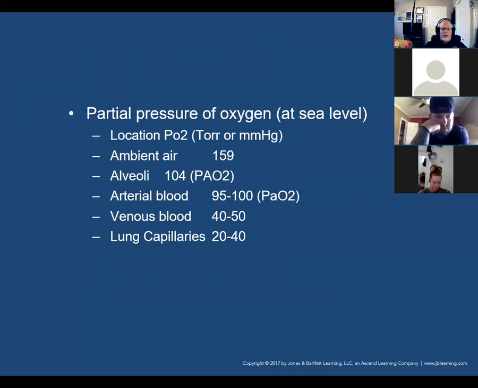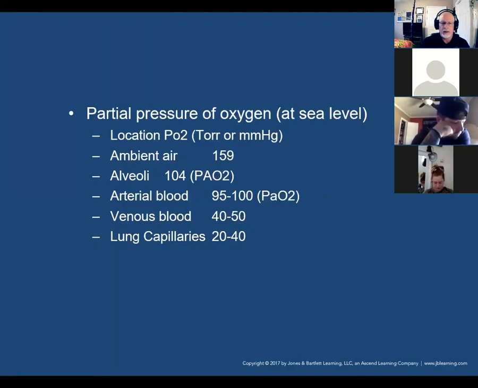Let's take that down to the alveolar level, and you don't have to memorize these numbers. I just threw this in as a way to help you visualize it. So we get that air down in there in the capillary beds of the alveoli, where the capillaries and the venules connect, and gas exchange is going to take place there.